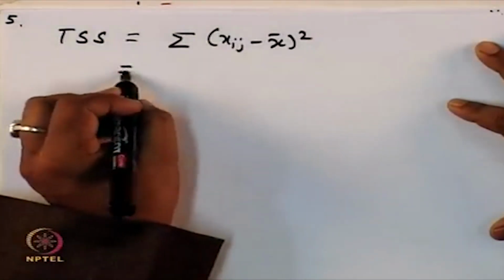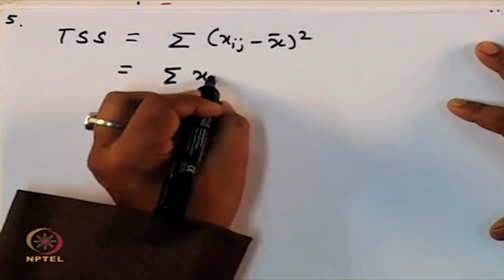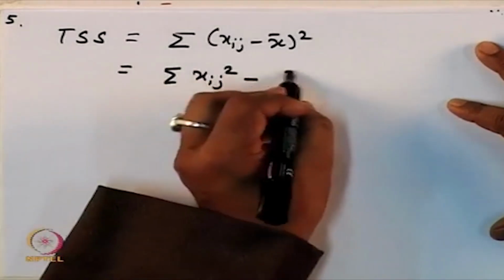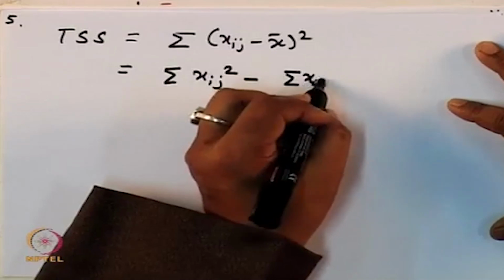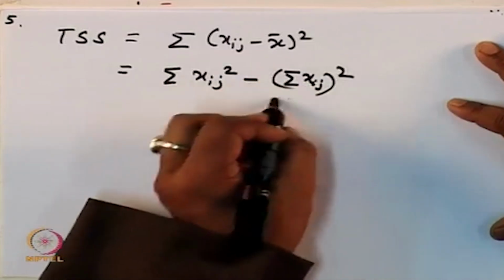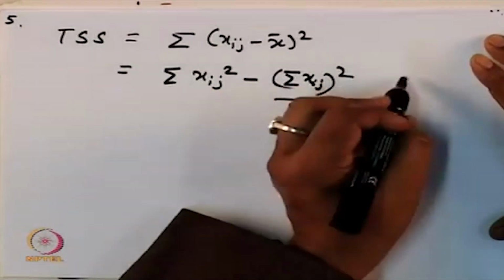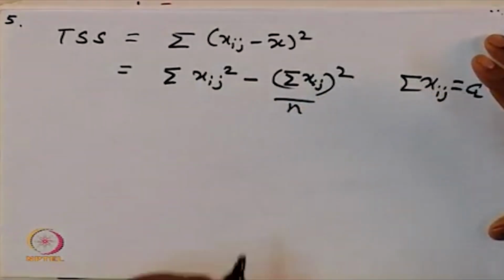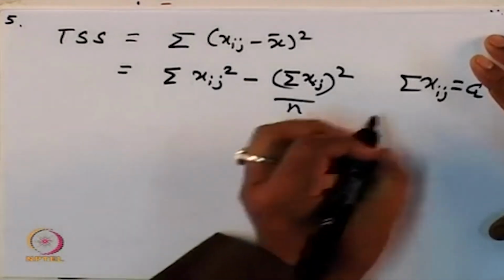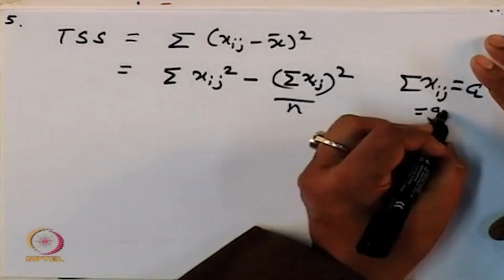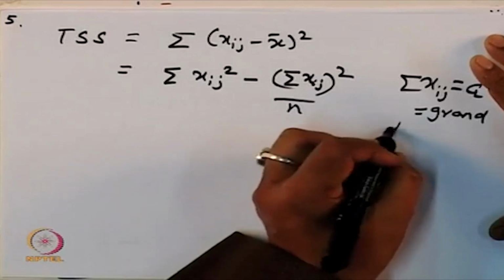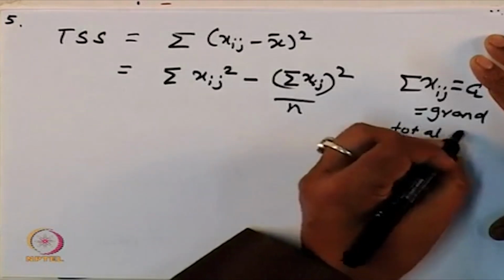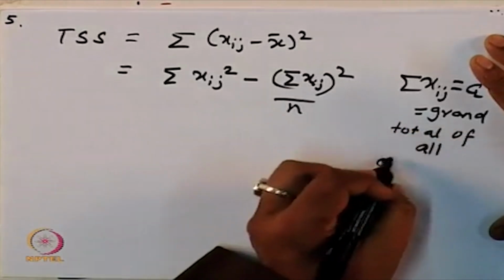Okay. So, you can expand this and write this as summation Xij square minus summation Xij whole square by n. Okay. So, summation Xij is equal to G. Okay. So, G denotes the grand total of all observations.